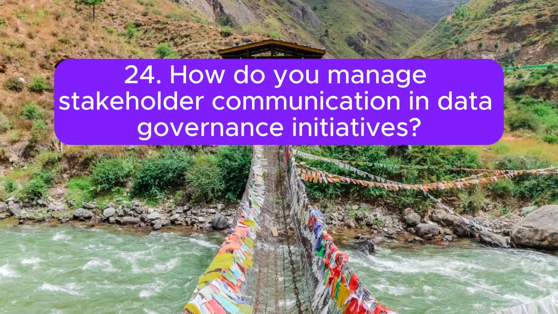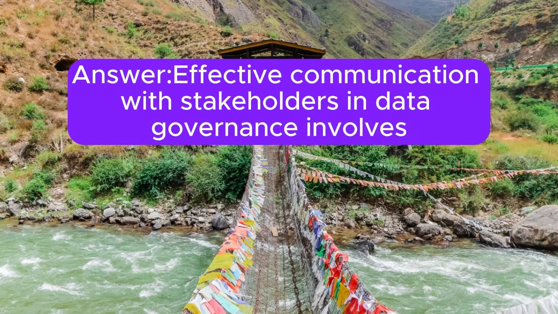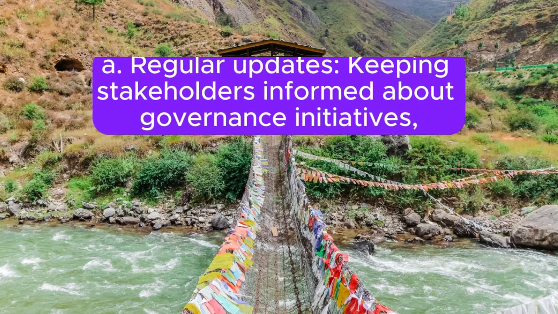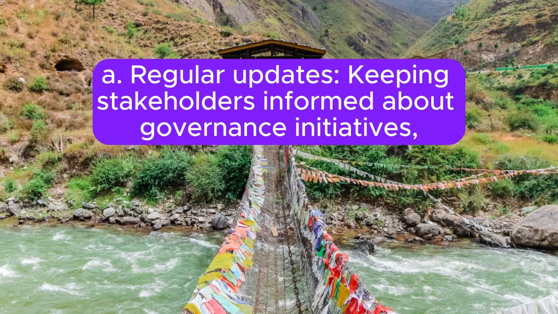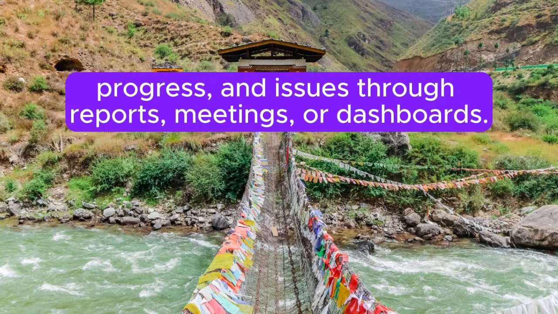24. How do you manage stakeholder communication in data governance initiatives? Answer: Effectively communicating with stakeholders in data governance involves: A. Regular updates: keeping stakeholders informed about governance initiatives, progress, and issues through reports, meetings, or dashboards.